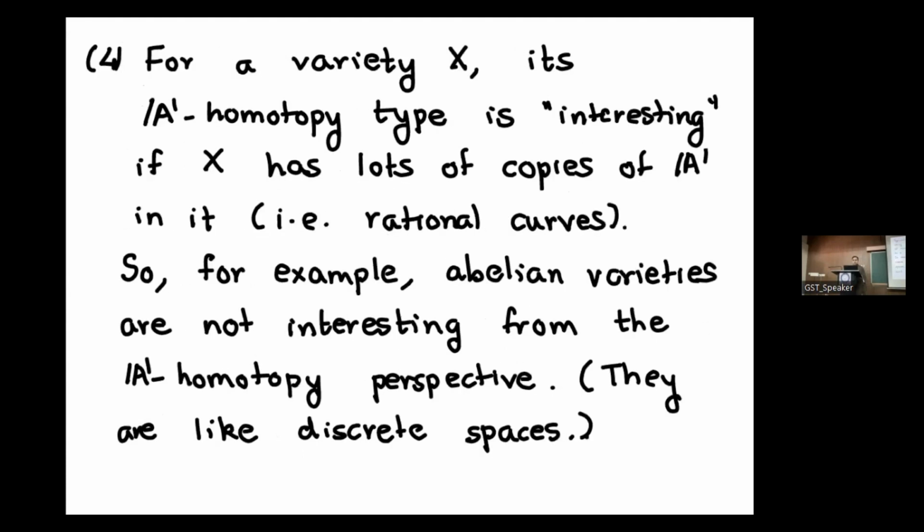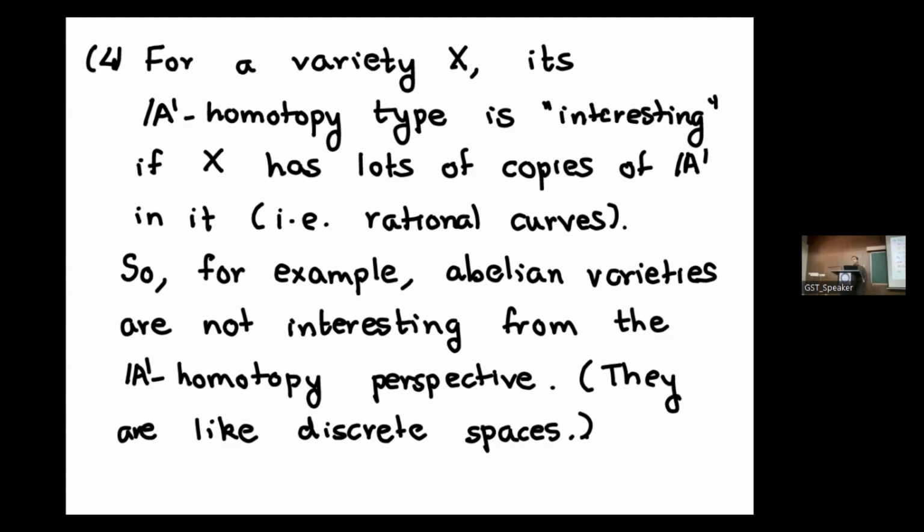So the pi i's in general are complicated, but let me talk about pi 0 again. When is A1 homotopy going to be interesting from the point of view of A1 homotopy theory? You take your variety, and when you apply L A1 to that, what is it doing? Wherever you have a copy of A1, basically a morphism from A1 into your variety, that is going to be replaced by a delta 1, right? That's the idea.